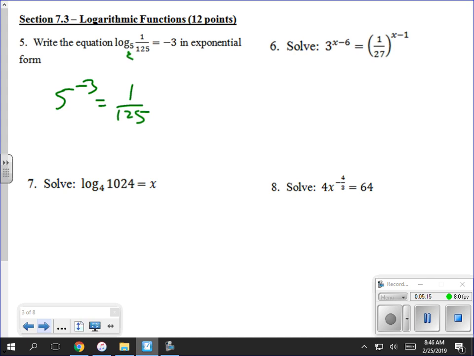What I would do on this one is get the same base, rewriting 27 as a power of 3. So I have 3 to the x minus 6 is equal to (3 to the negative 3) to the x minus 1 power.